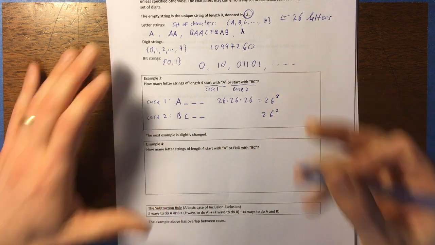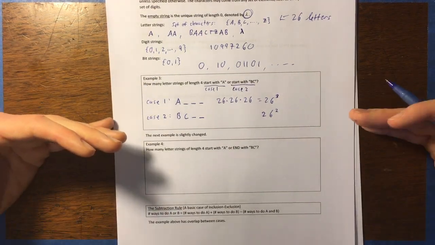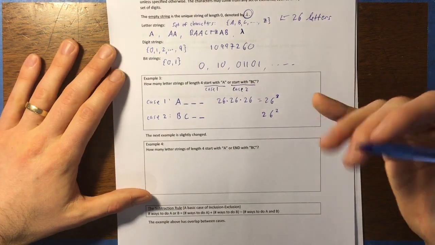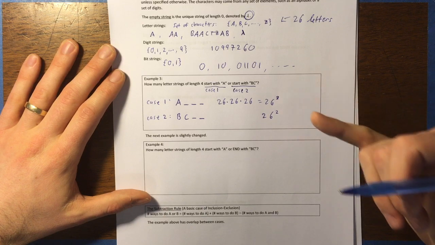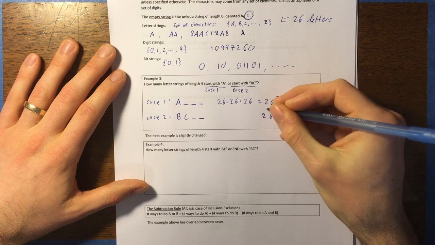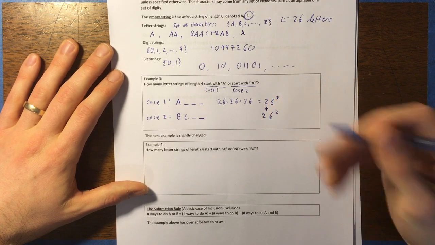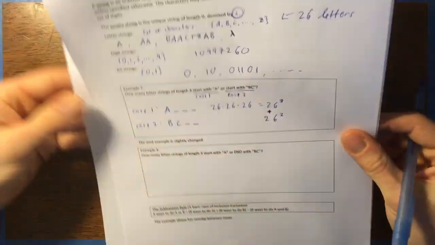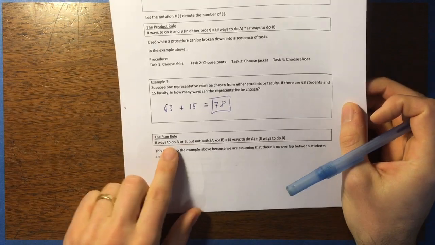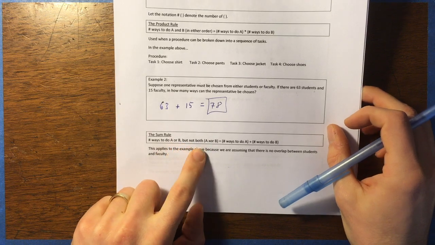Now, I have case 1 or I have case 2. So now I can use the sum rule, right? I can say, well, I've got 26 cubed options for the first one, plus 26 squared options for the second one. So I'm going to add those together with a plus here. And in order for me to use the sum rule, technically, I have to be in a situation where it's XOR, right? Where it's A or B, but not both.